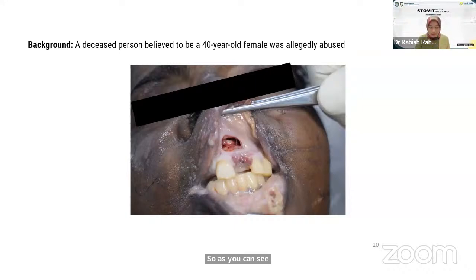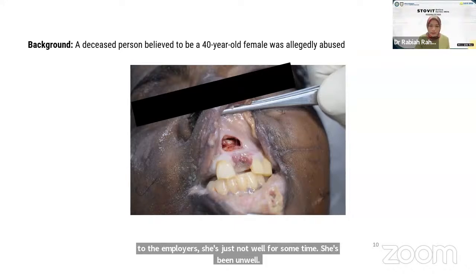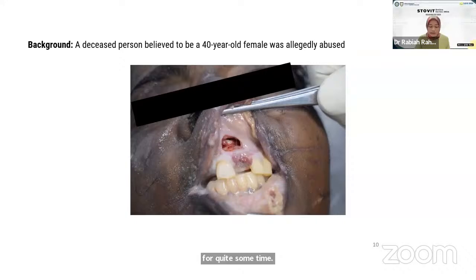The history of this case, according to the employer, is that she was found dead in her employer's house. According to the employer, she had been unwell for quite some time, and on top of that, she had diabetes and hypertension. She was not eating well.